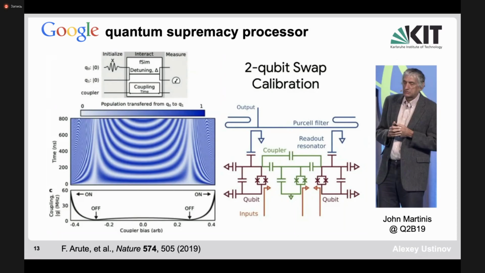При помощи такого связующего элемента команде из Гугла удалось сделать очень быстрые вентили, всего лишь порядка десятка наносекунд, что позволило сделать довольно большое количество квантовых манипуляций за ограниченное время когерентности этих кубитов, которое составляет в Sycamore-чипе порядка 20-30 микросекунд всего лишь.